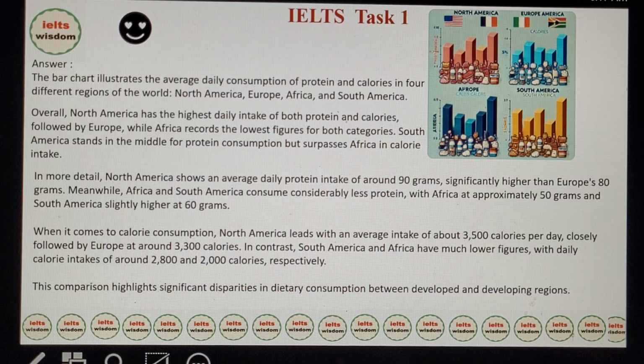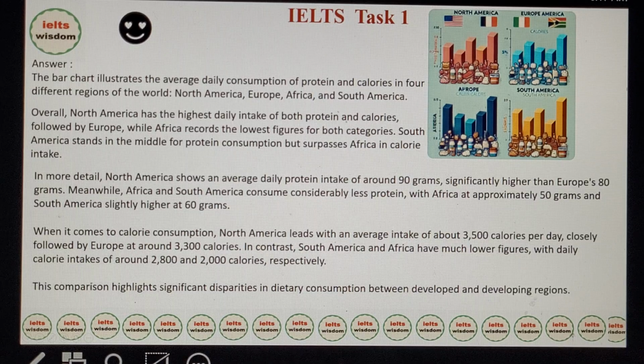Now I'm going over all these 2 paragraphs we already read, but I will just repeat that for you. This is a whole 150 words, not more than that if you count word to word. The bar chart illustrates the average daily consumption of protein and calories in 4 different regions of the world: North America, Europe, Africa, and South America.